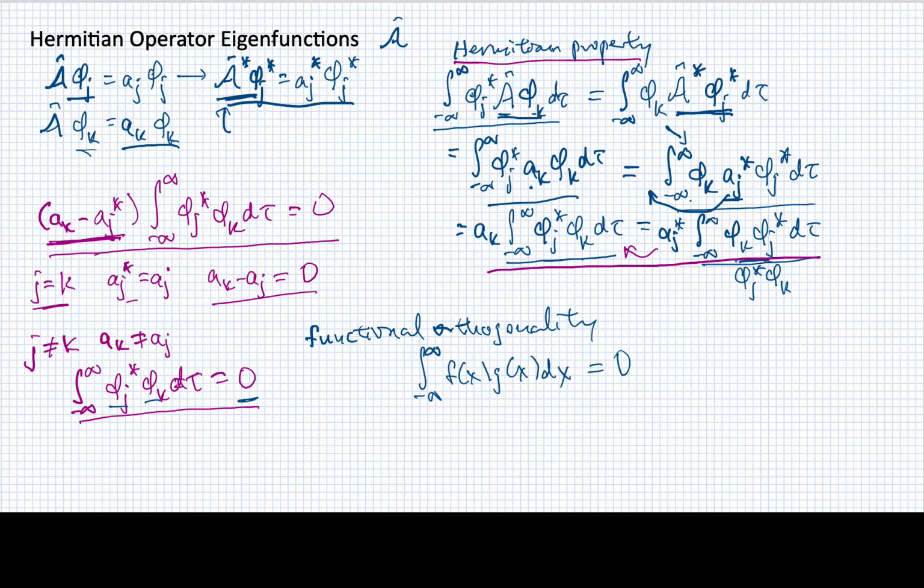So I'm going to invite you to try this out with two of the eigenfunctions from the particle in a box. And I'll write down the very first one, which is sine of pi x over L. So this is the eigenfunction corresponding to n equals 1, and the eigenfunction corresponding to n equals 2 would look like this.